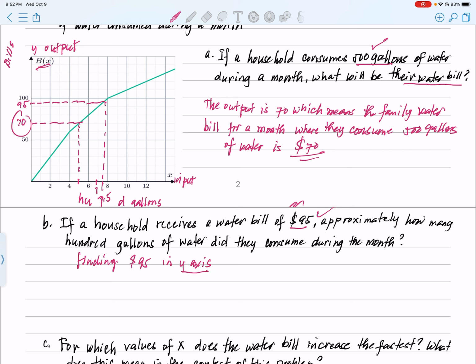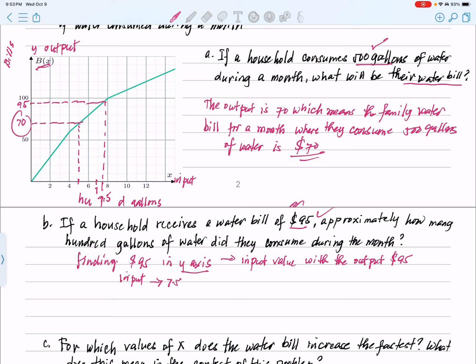Then we identify the input. We do the reverse. So the input value with the output of $95. What is our input? What do we have? 7.5. And that is in terms of hundreds of gallons.